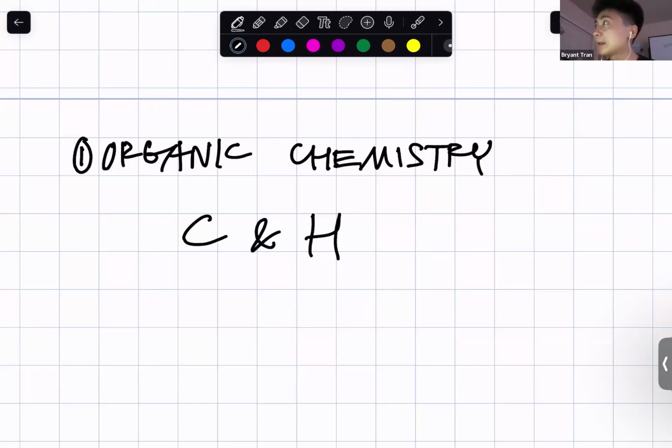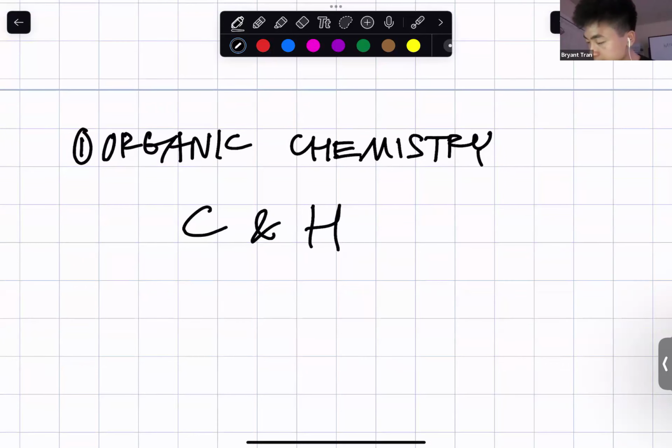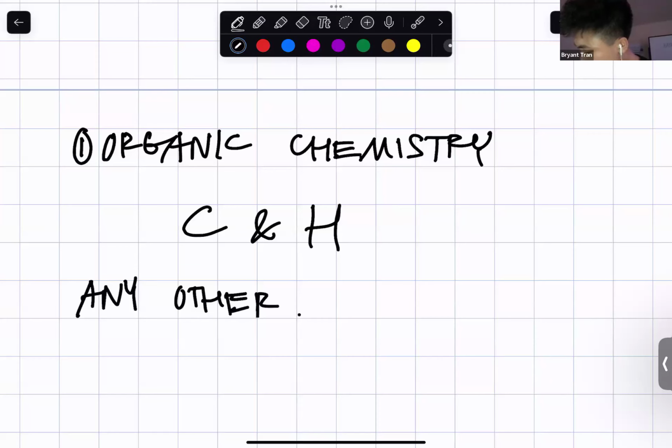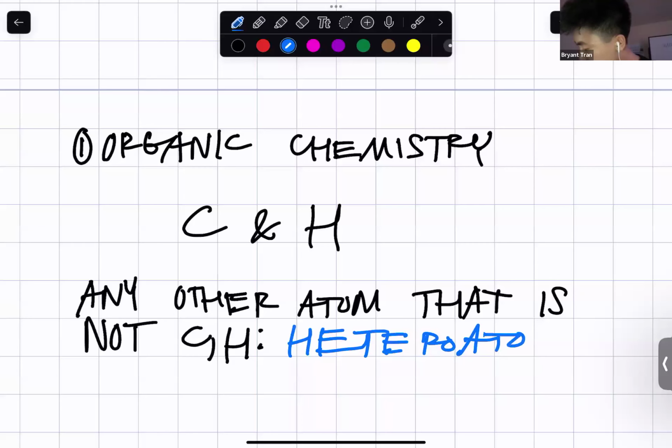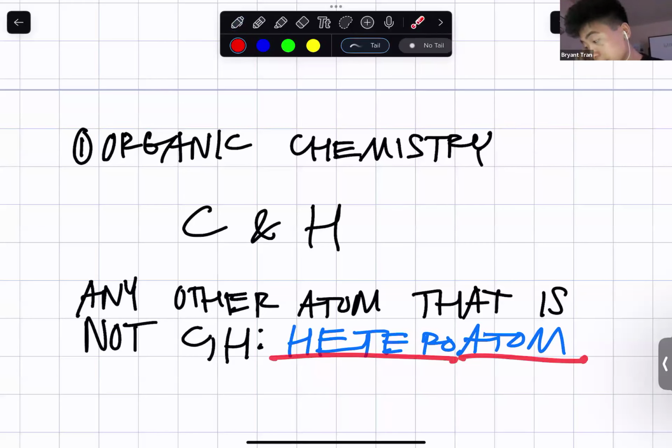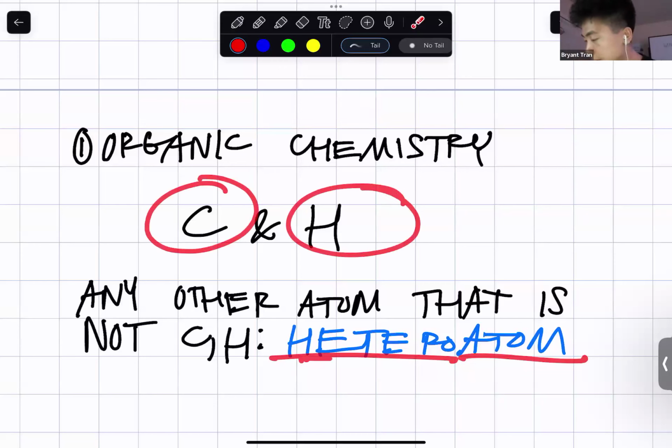Any other atom that is not carbon or hydrogen is going to be called a heteroatom. So hetero meaning different, atom meaning an atom like carbon or hydrogen. So a heteroatom is going to be an atom that is not a carbon or hydrogen. It's going to be different than a carbon or hydrogen, like that.